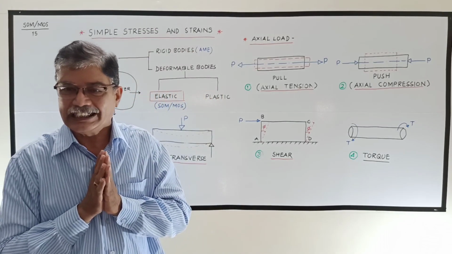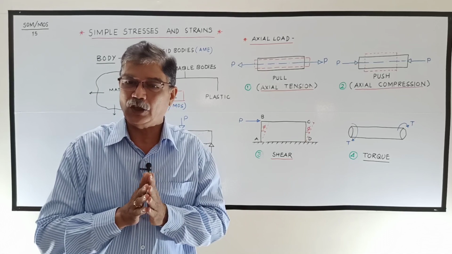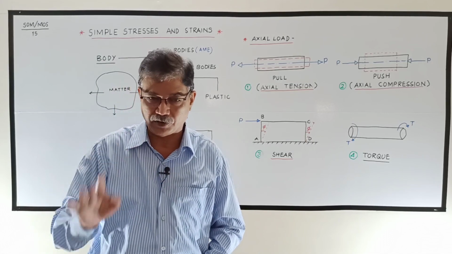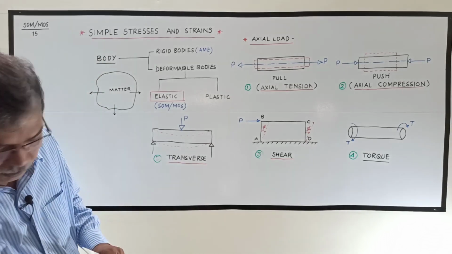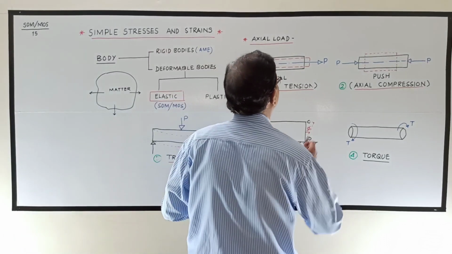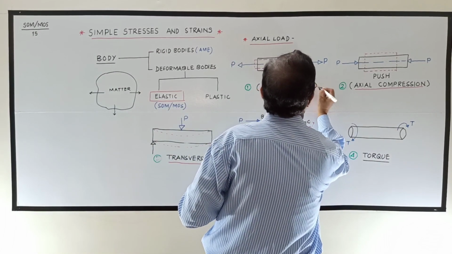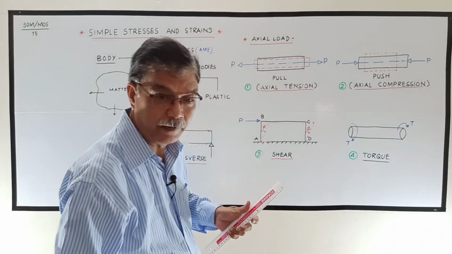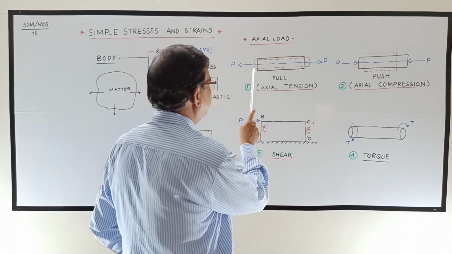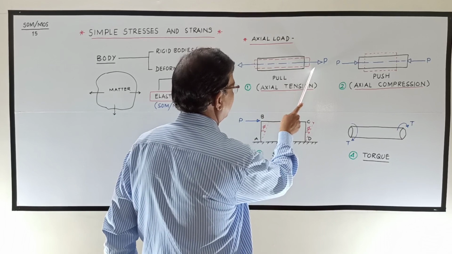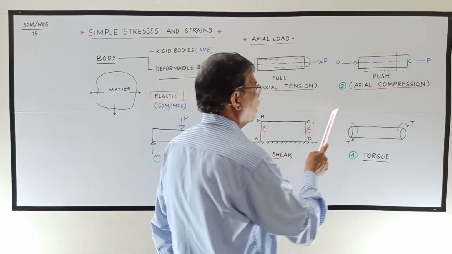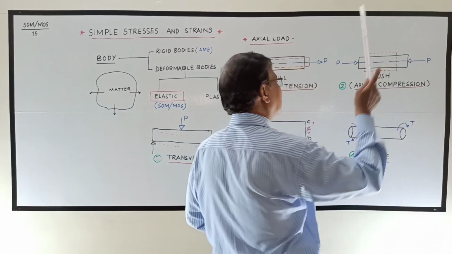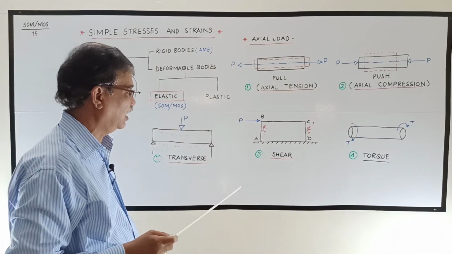Therefore, depending upon the type of load, the deformation differs. What is deformation? Change in shape and size of the member due to application of load is known as deformation. If the load is tensile, the deformation will be extension, that is increase in length and decrease in lateral dimension. If it is push, decrease in length, increase in lateral, that is cross-sectional dimension.